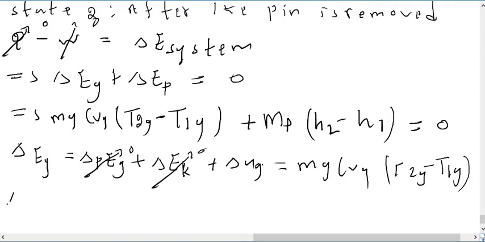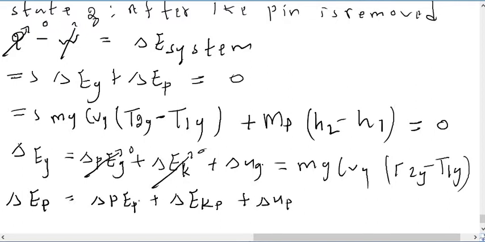And then that of piston, change in energy of the piston is equal to the change in potential energy of the piston plus the change in kinetic energy of the piston plus the change in internal energy of the piston. So no kinetic energy, no internal energy, we only have potential energy.